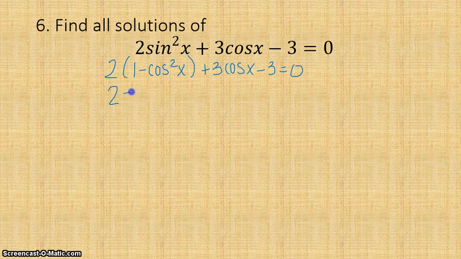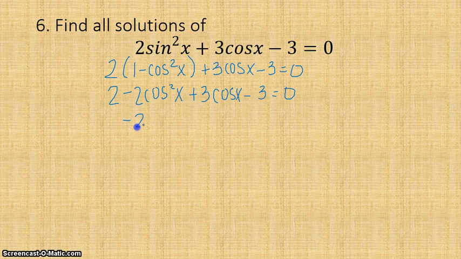From there, I can distribute my 2. Combine like terms, so I get negative 2 cosine squared x plus 3 cosine x minus 1 equals 0.